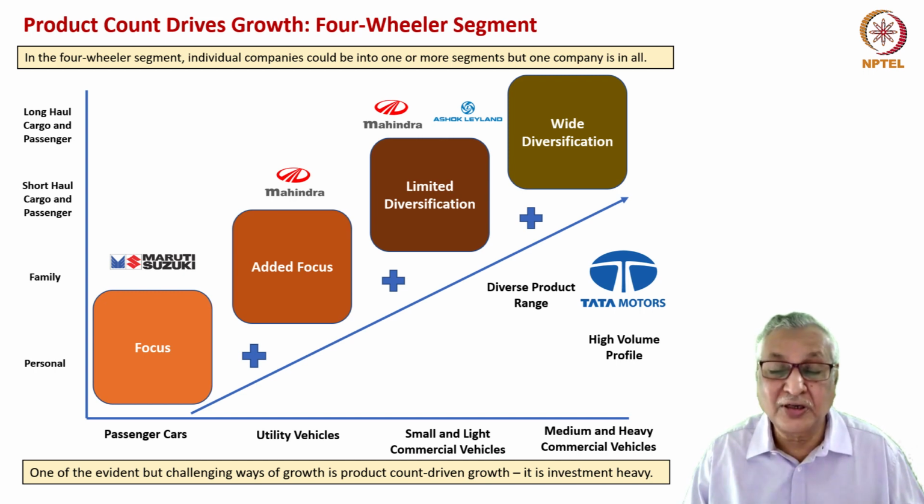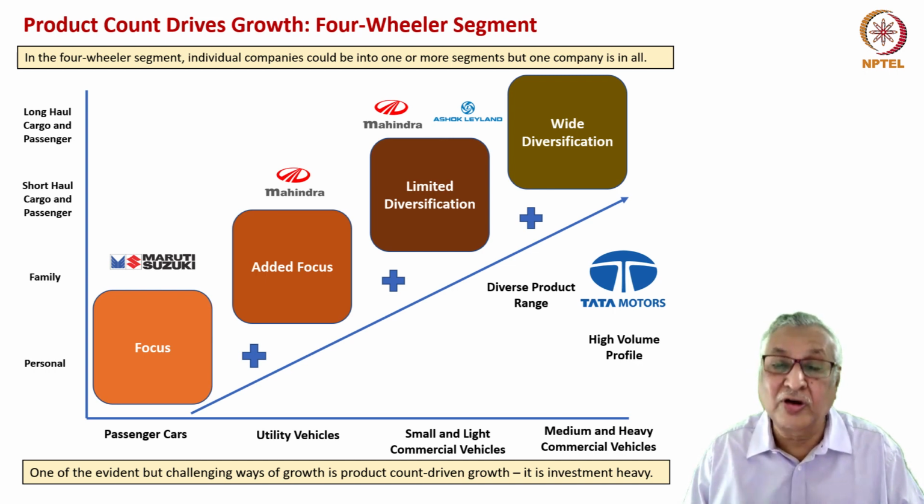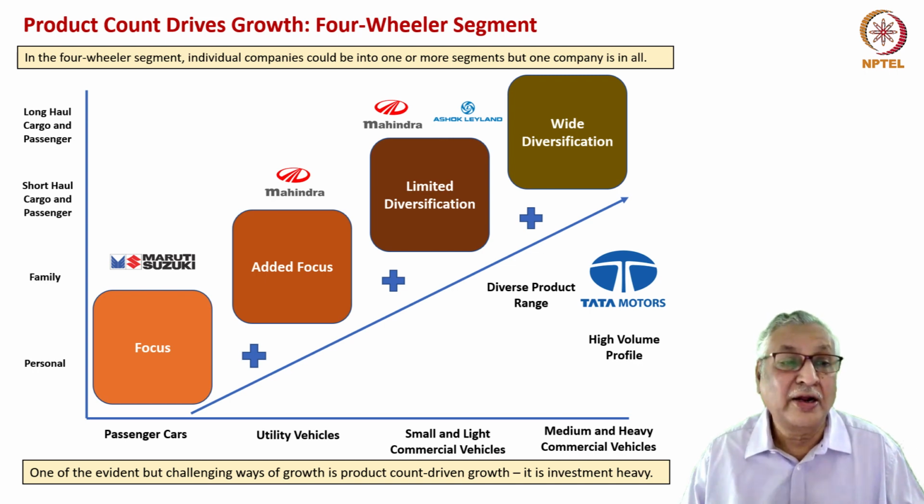So it moved from utility vehicles to small and light commercial vehicles. Then you had Ashok Leyland coming in with medium and heavy commercial vehicles, but also it moved downward towards light commercial vehicles with those range of vehicles. So a company which was well positioned in long haul cargo and passenger segment moved into another usage segment, which is short haul cargo and passenger.